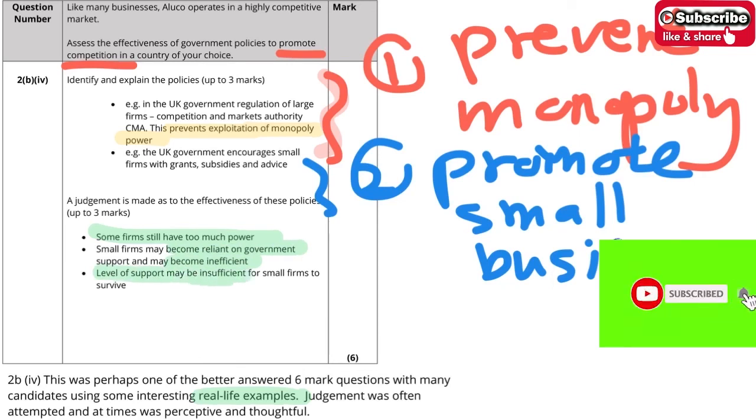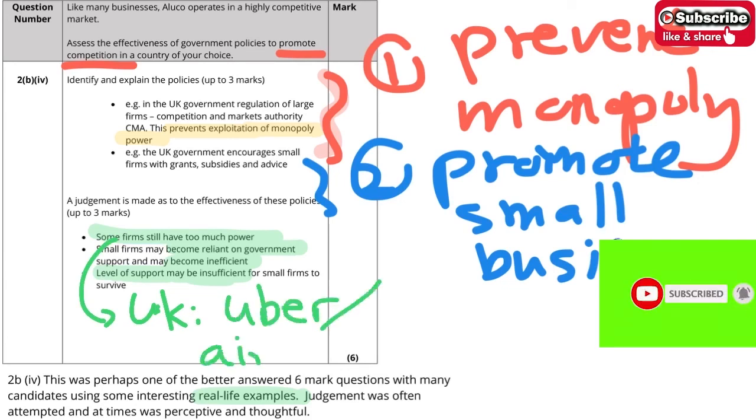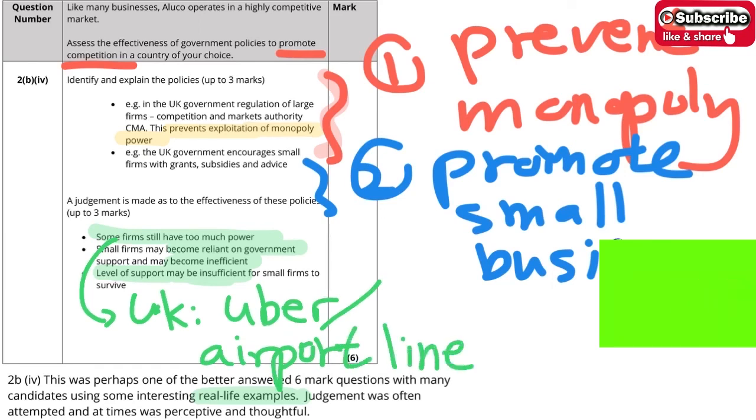So you have to give real life examples. For example, if you use UK as an example, you can talk about Uber, or the airport now. Or you may make use of the examples in your own country.